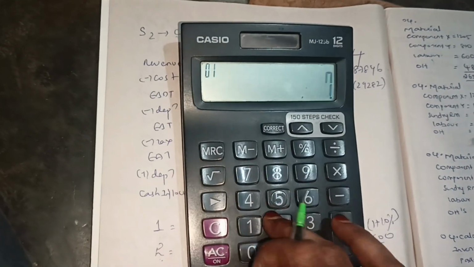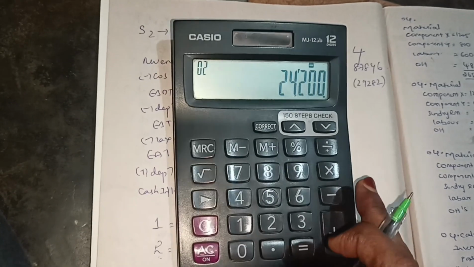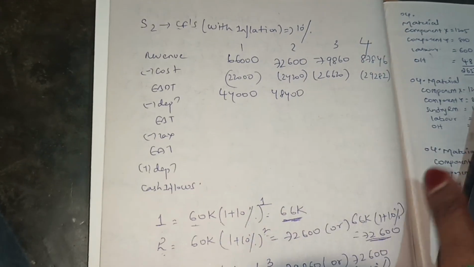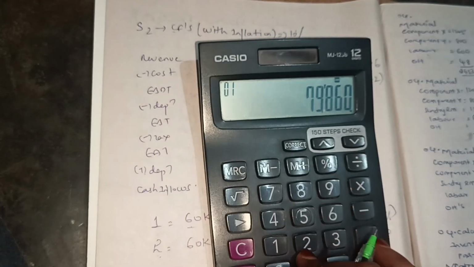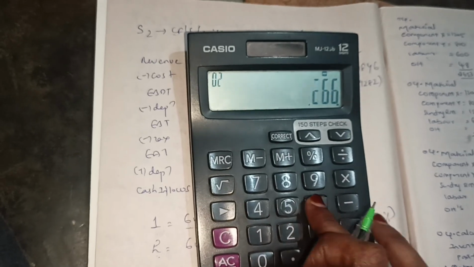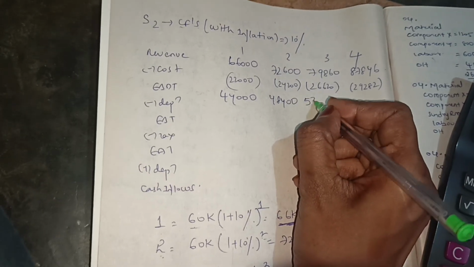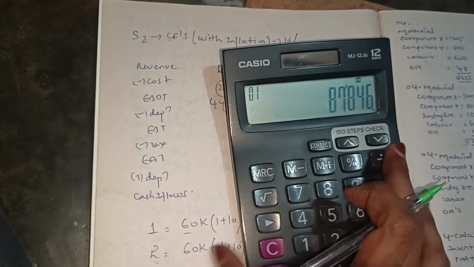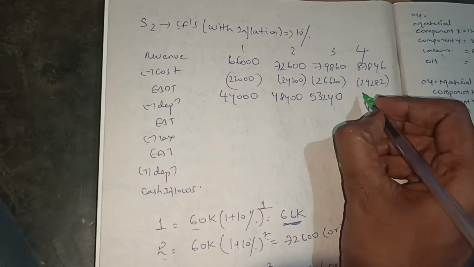For the second year, 72,600 minus 24,200, 48,400 for the second year. For the third year, 79,860 minus 26,620, 53,240. And for the fourth year, 87,846 minus 29,282, 58,564.